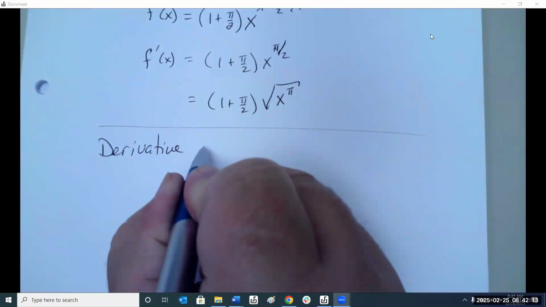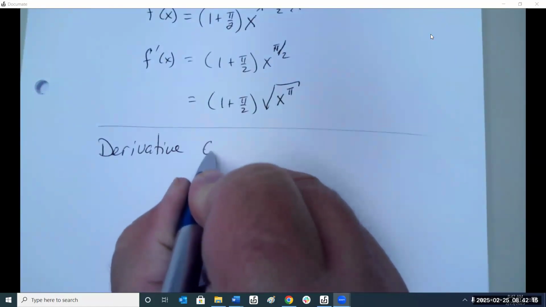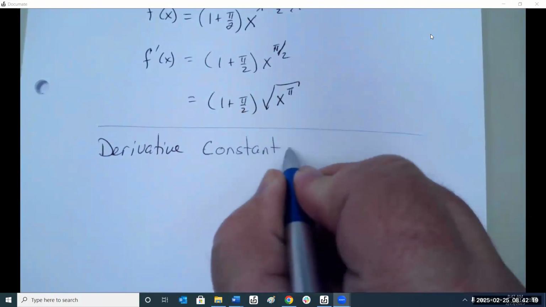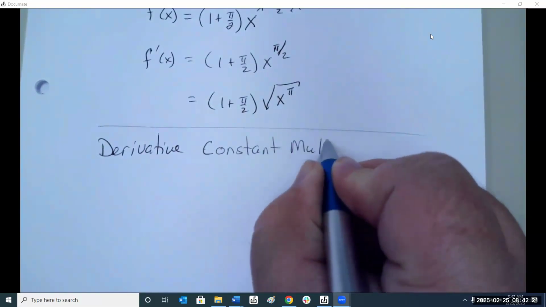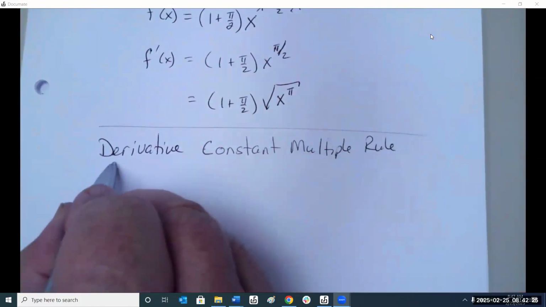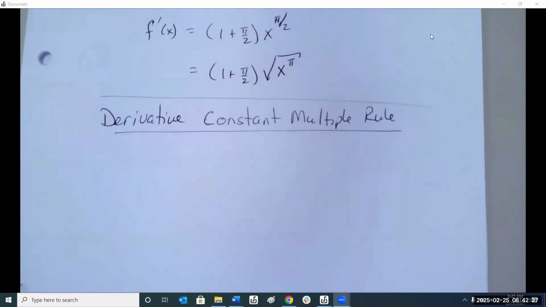The derivative constant multiple rule. What do you think that means?